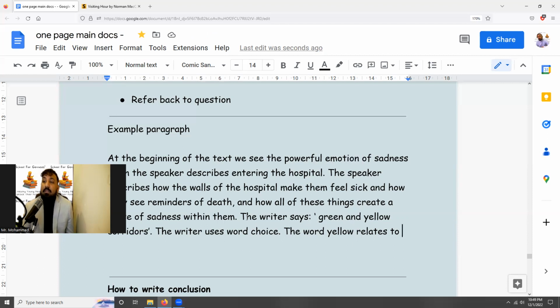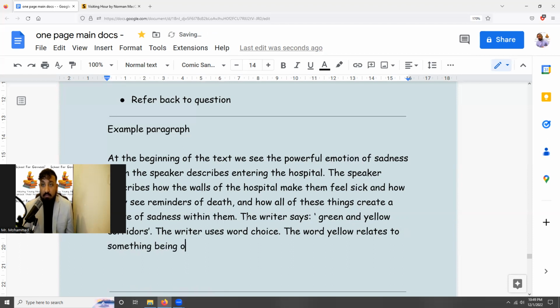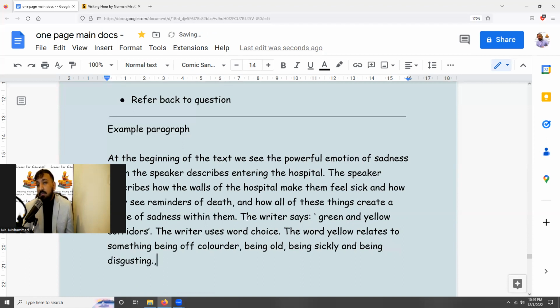So the word yellow relates to something being off-colored, being old, being sickly, and being disgusting. You can give 2, you can give 3 connotations, you can give 5, it's up to you.